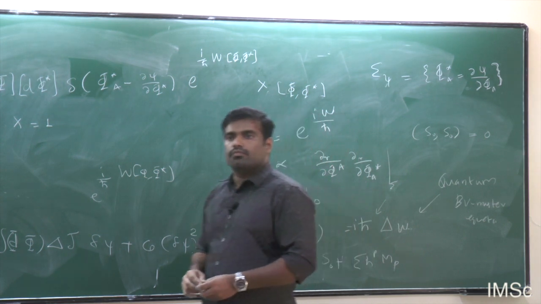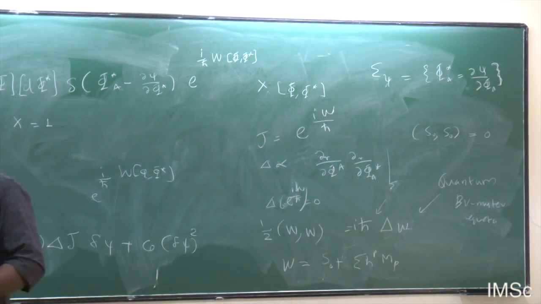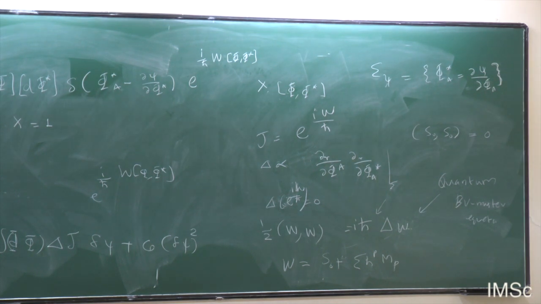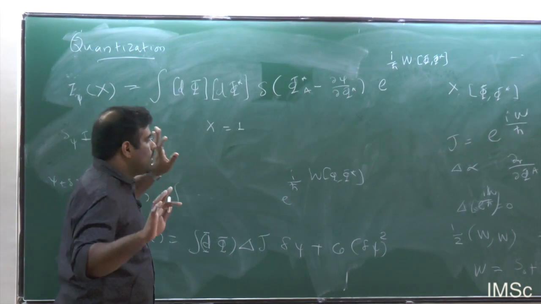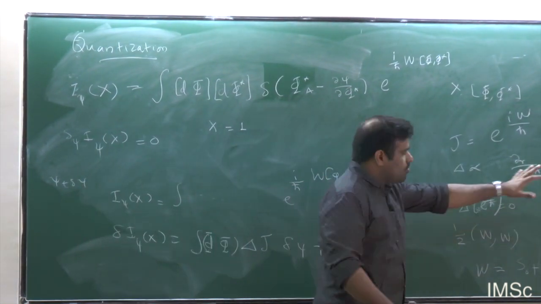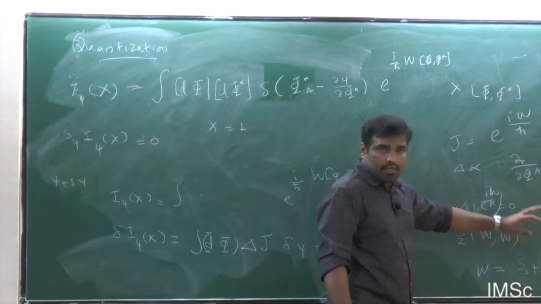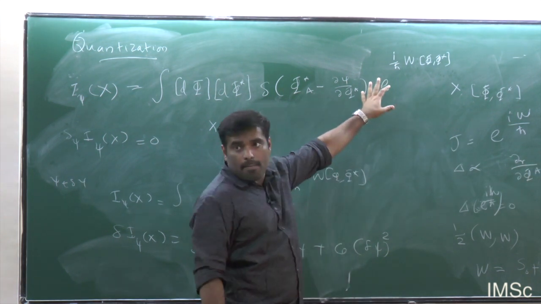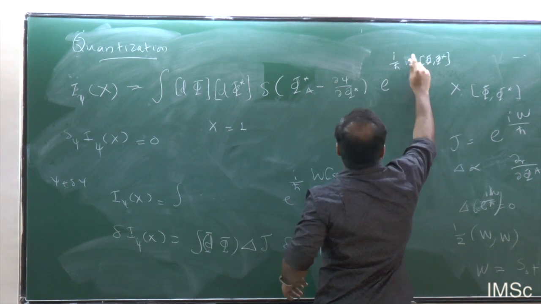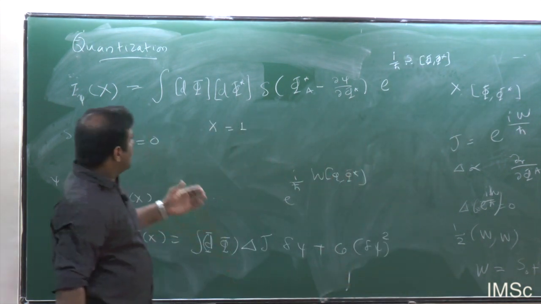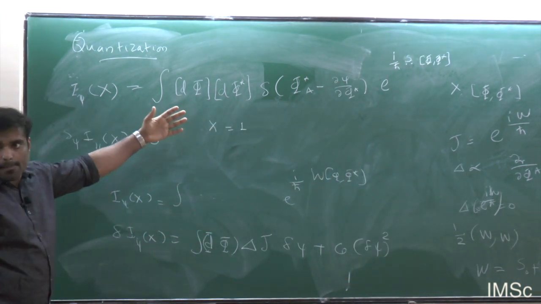What do you mean when you say that you write a consistent path integral at that point? The point is, let's say I don't care about the quantum master BV equation. I just use S0 here. Then I can write down a path integral using S0 and use a gauge fixing procedure.